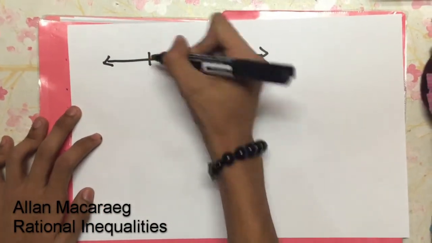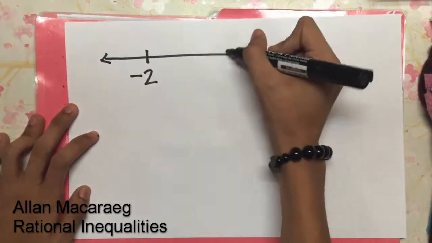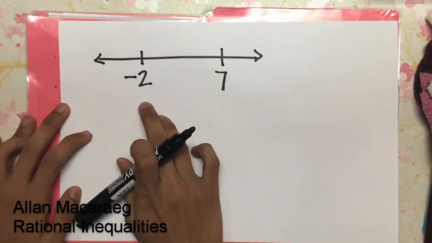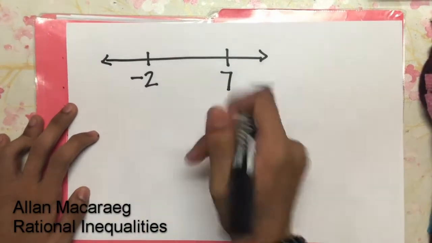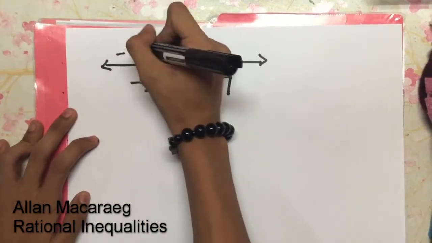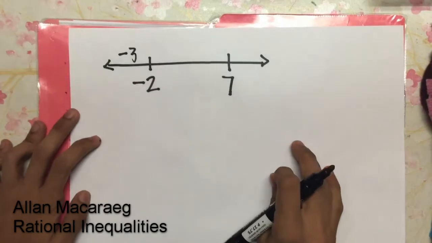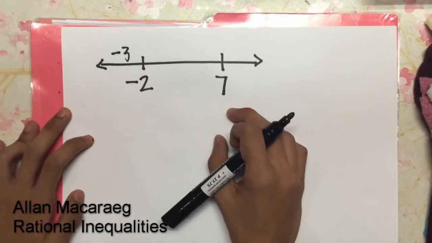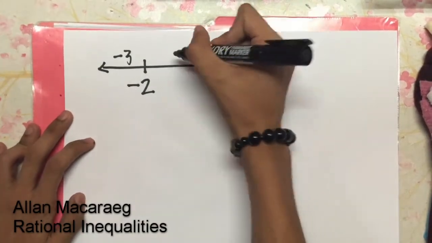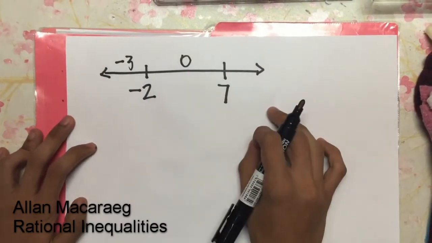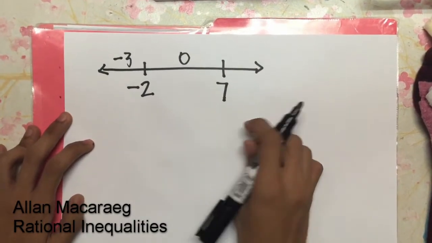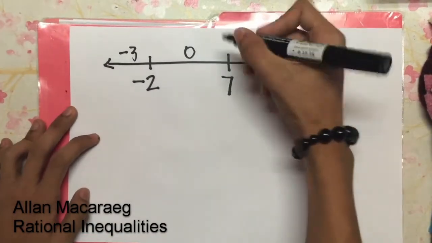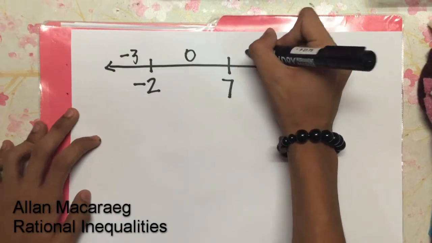So negative 2 and 7. First, let's have a number that is lower than negative 2. So we must use negative 3 or anything. Let's find a number between negative 2 and positive 7. For ease, we must use 0. And for the last number, we must use a number that is greater than 7. We can use 8, 9, 10 or something. So now I will use 8.